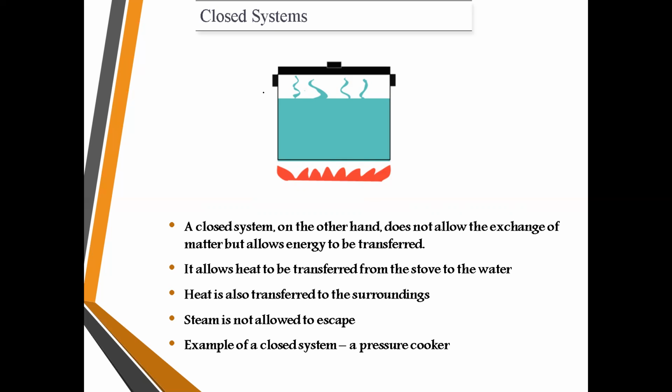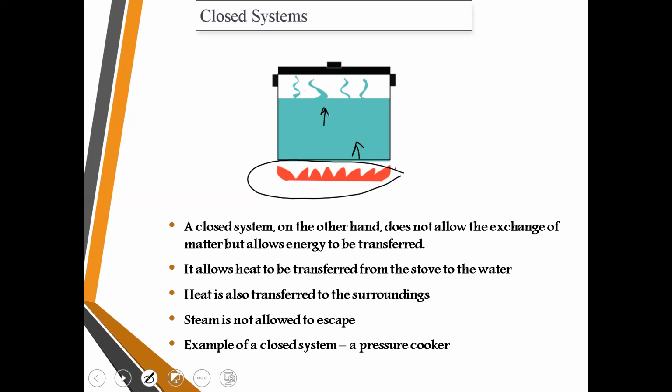What happens inside the pressure cooker? The heat is transferred from the stove to the water. The stove gives heat, and the heat that enters makes the water start boiling. So the heat goes to the water and heats it. The steam is not allowed to escape.